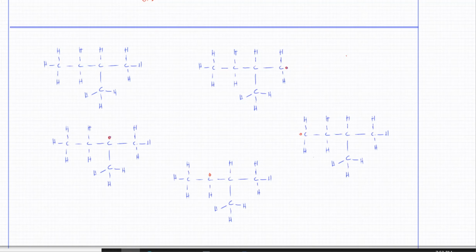Now, the point I'm trying to make is, if I color these carbon atoms with a different color, let's make it red. Just one second.